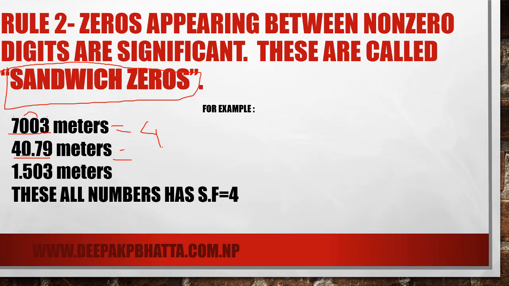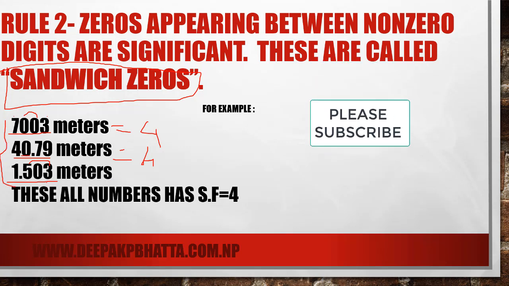And similarly, here's the number 1503. This zero comes in between 5 and 3. That's why this number has 4 significant figures. So all these numbers have 4 significant figures. Let us take another example.